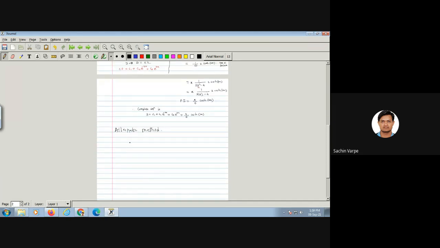So that d cube minus 4d times y equals to 2 into hyperbolic cos 2x. So I can represent this hyperbolic cos in terms of exponential. How do I write? That is equals to 2 into, yes, e to the power 2x plus e to the power minus 2x upon 2.